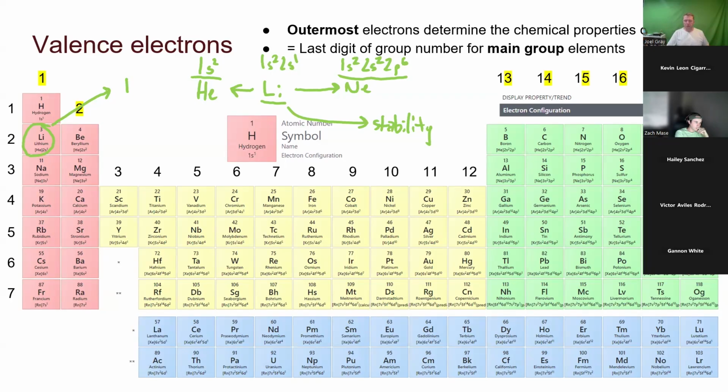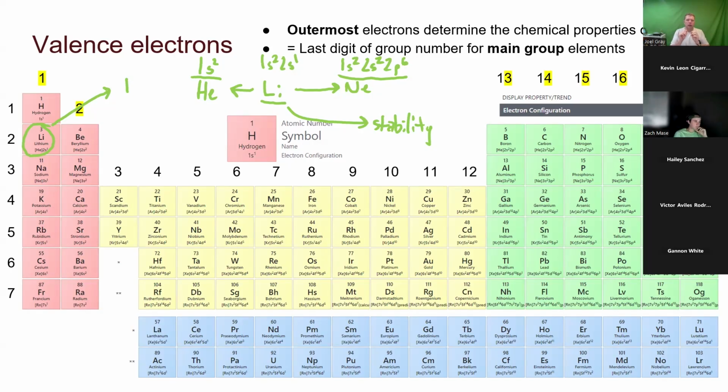And we basically confront lithium and say, listen, you can either become stable by adopting or taking on the same electron configuration as helium, or you can become stable by taking on the electron configuration of neon. Can you give me an X in the chat if you follow that kind of proposal?